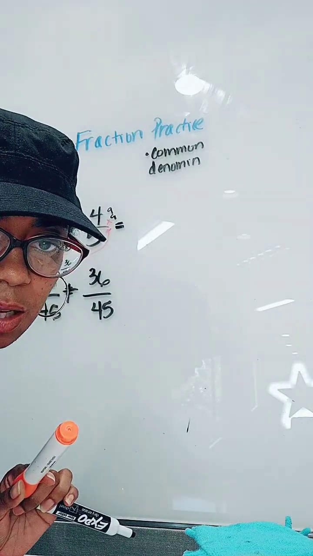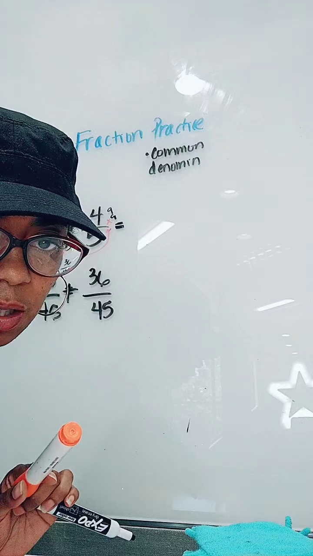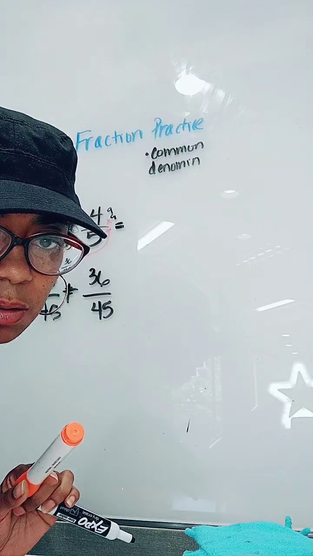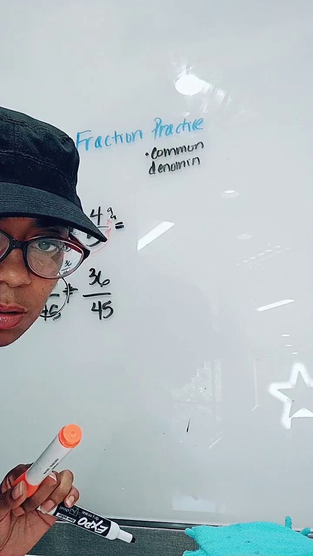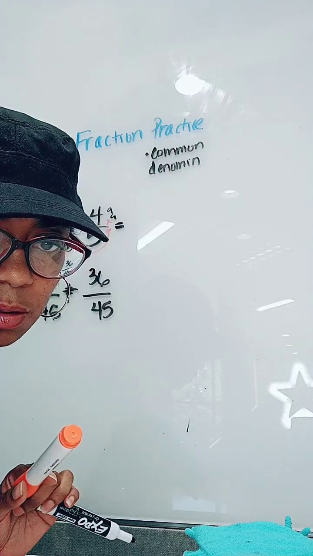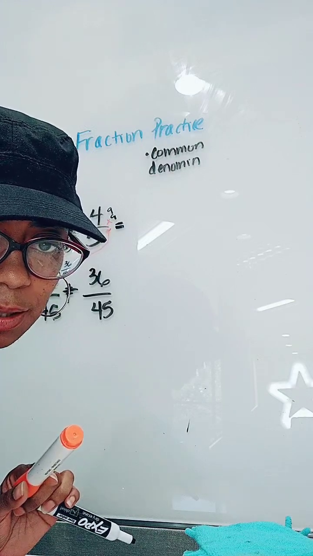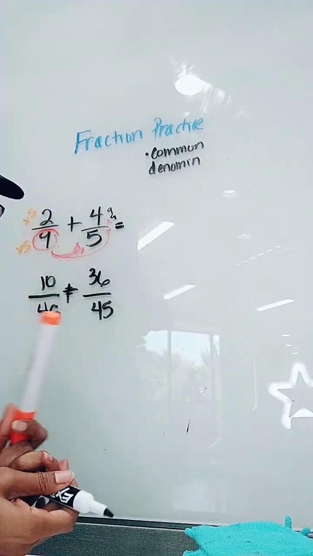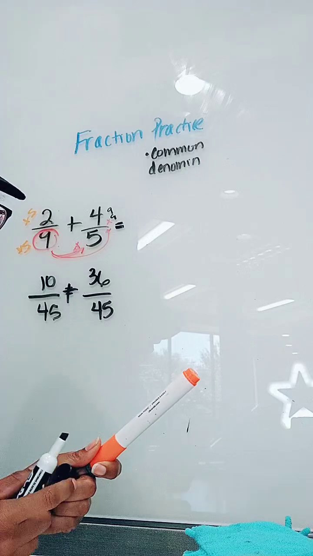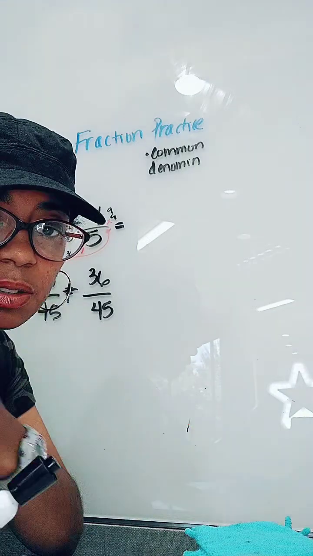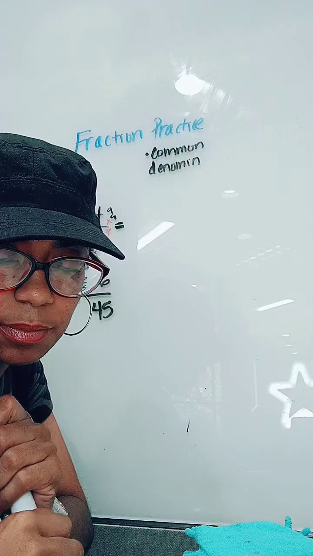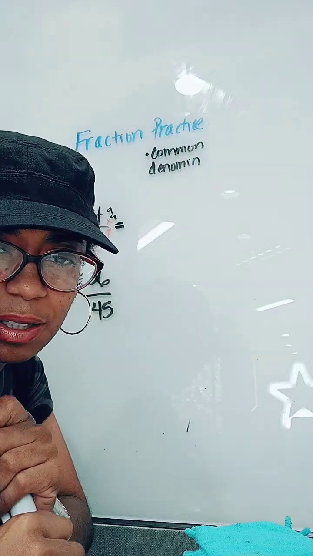Somebody said they were lost, and I'm trying to make sure you're okay. Somebody said they were lost and then they disappeared. What do you mean just say find a common denominator?